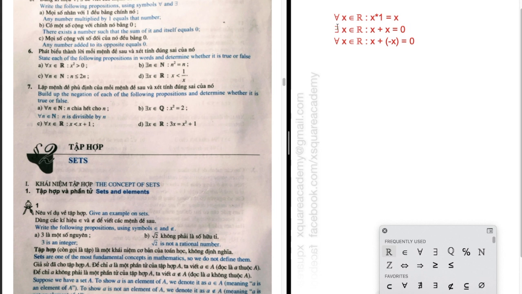There exists x, an element of real numbers, so that x plus itself equals 0. And problem C, any number added to its opposite equals 0. Any x, an element of real numbers, so that x plus its opposite, that means negative x, equals 0.